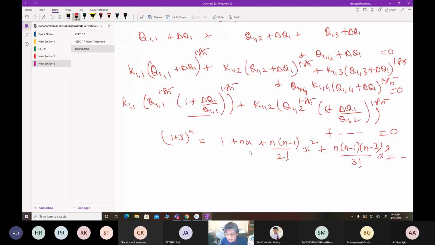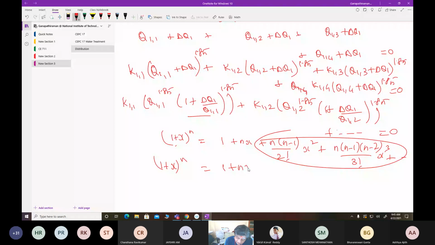But x being very small, I omit the other terms, and (1 plus x) to the power n approximates to 1 plus nx.